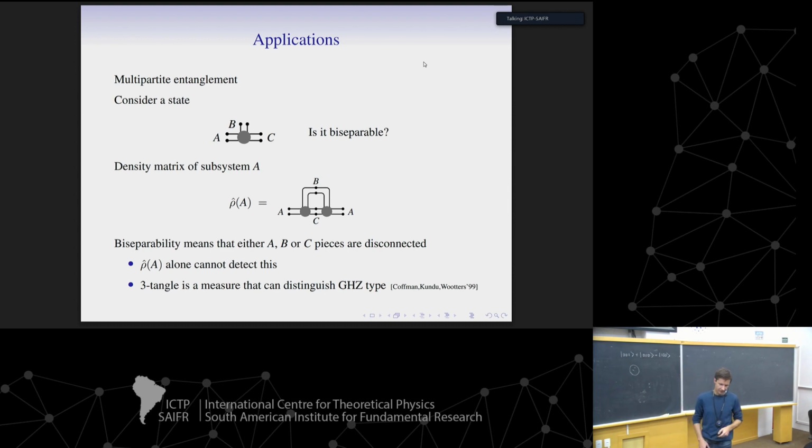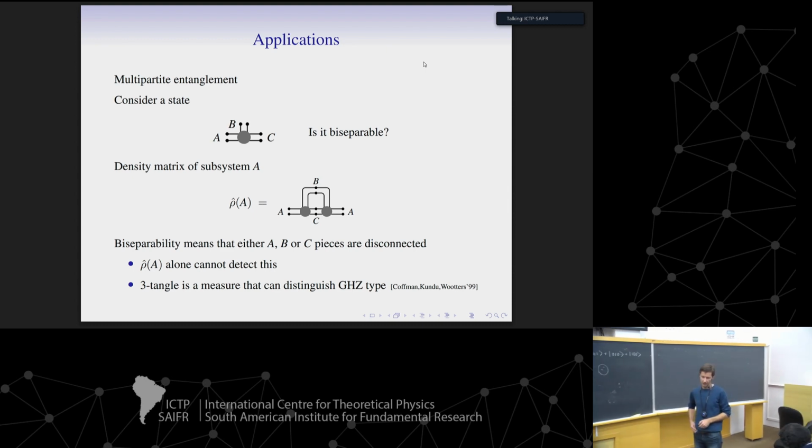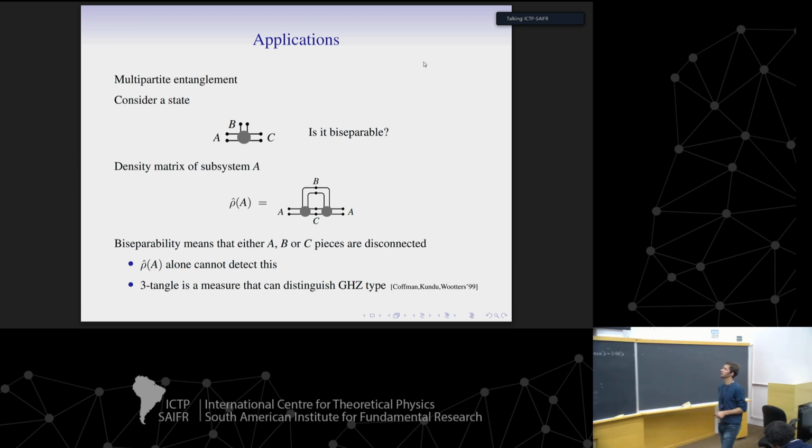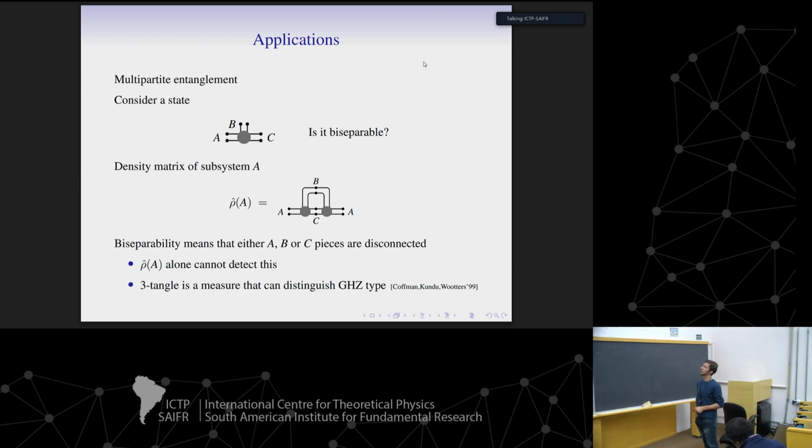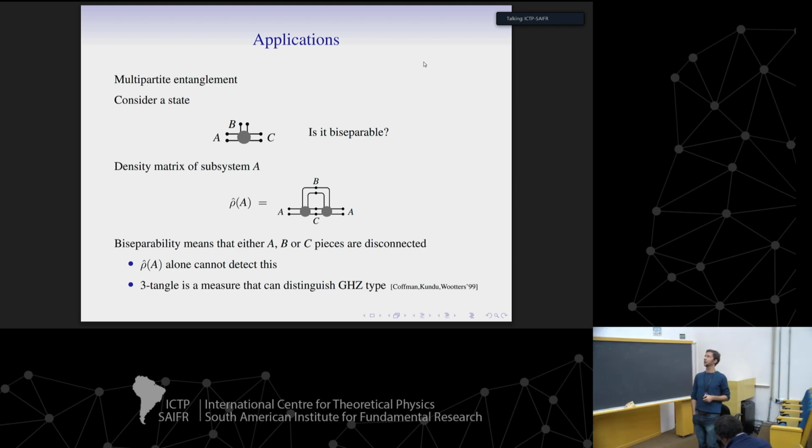Another example is the case of entanglement measures. If you want to understand how to detect, for example, three-way entanglement, let's think there is a state, just schematically, that has three parties, A, B, and C. The question is whether it's a generally three-partite entangled state, or is it biseparable?